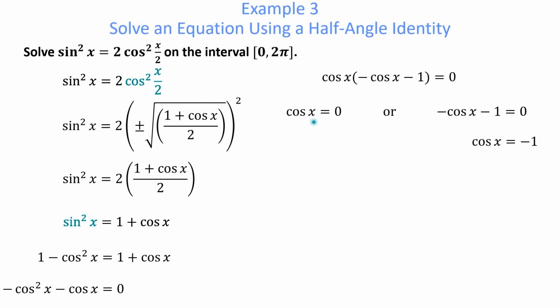So we have two trigonometric equations we want to solve. For cos x equals 0, we solve for x to give us x is equal to pi over 2 or 3 pi over 2. Then we'll solve for x over here to give us x is equal to pi. And this is our final solution, where x is equal to pi over 2 or 3 pi over 2 or pi on this closed interval 0 to 2 pi.